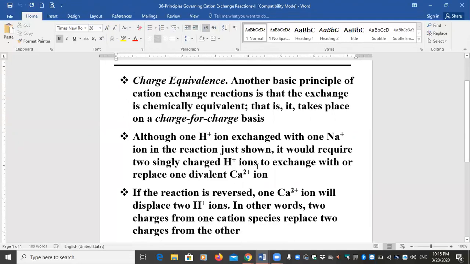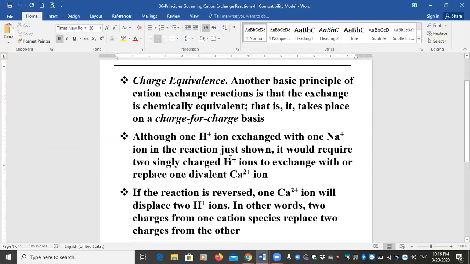But if you have calcium, and it's adsorbed and you are going to replace it with hydrogen, calcium carries two positive charges, which means these two positive charges are neutralizing two negative charges on the colloid surface.